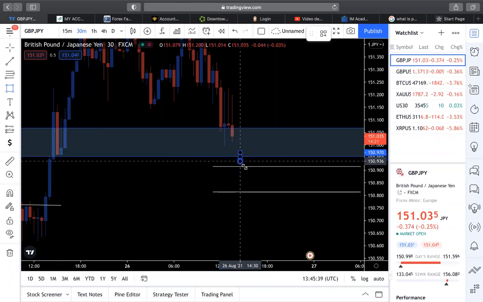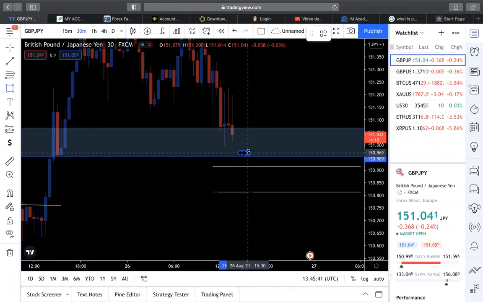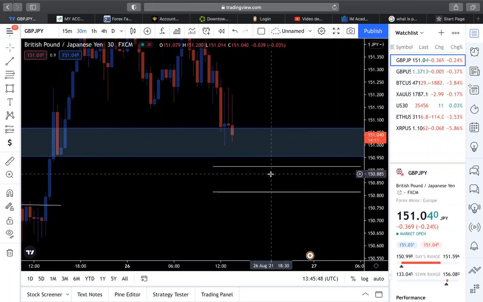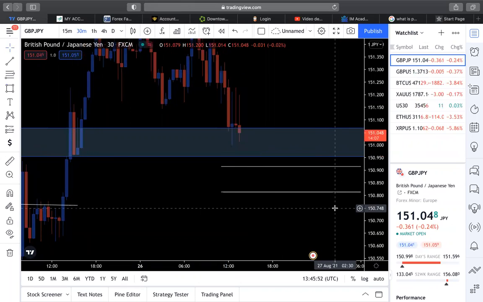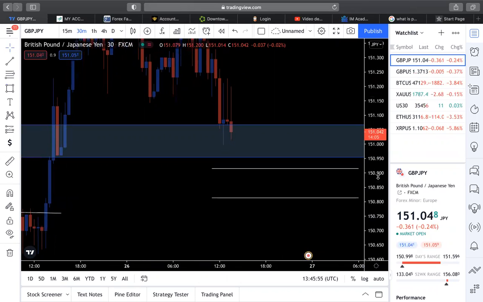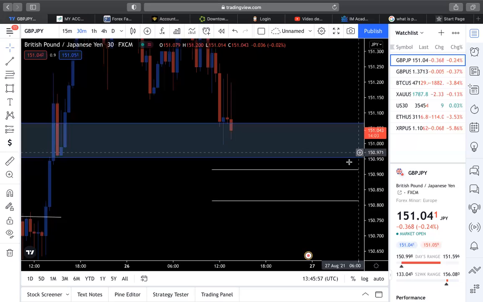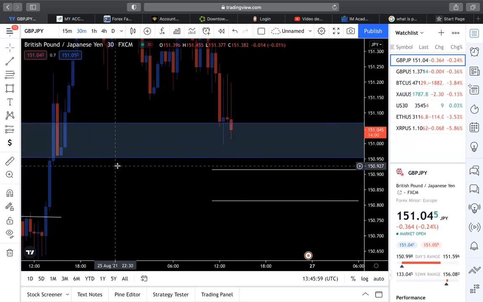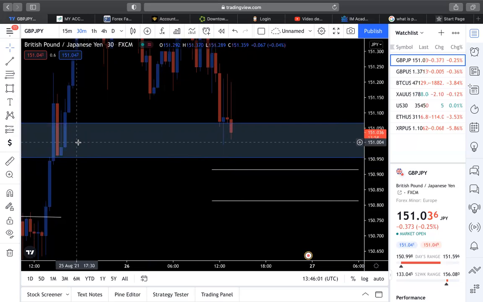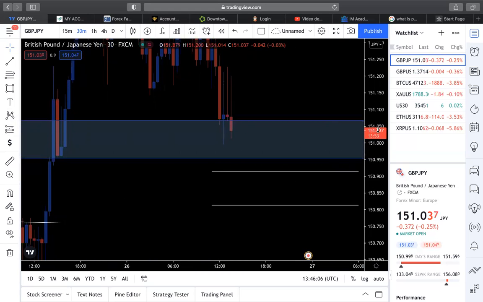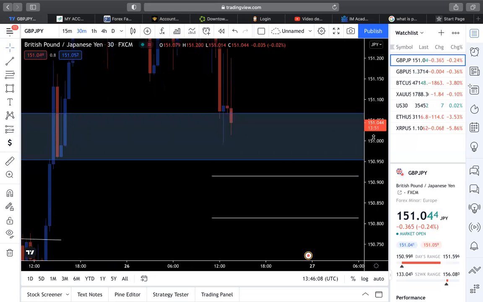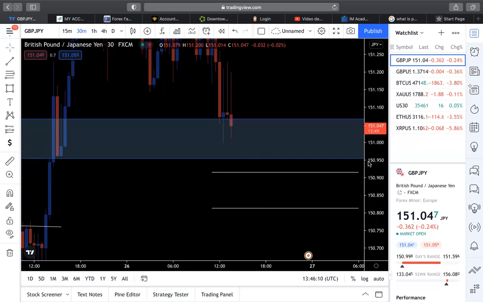If I see GJ go back into the zone over here, that's a red flag, and then I would most likely want to pull out. So it's all about looking at red flags. If you see any red flags, like, oh yeah, this doesn't look too well, then you should probably get out. And like I said, the very maximum, I only want to lose 10 pips. It's very important to have a stop loss. Always have a stop loss, guys. For me, it's always 10 pips.